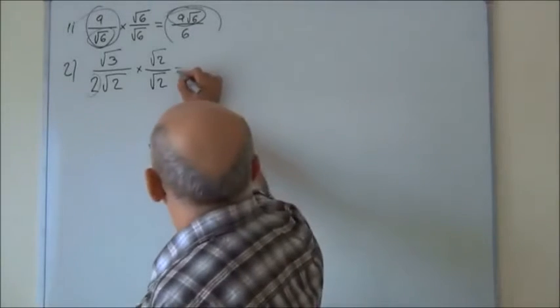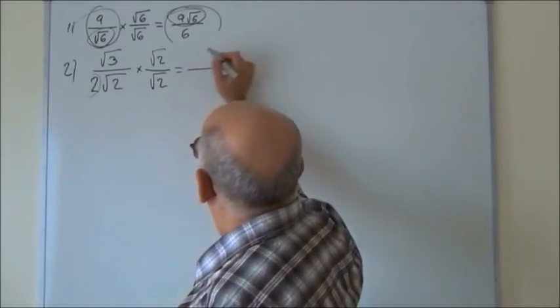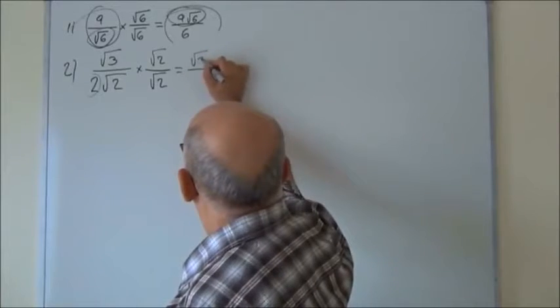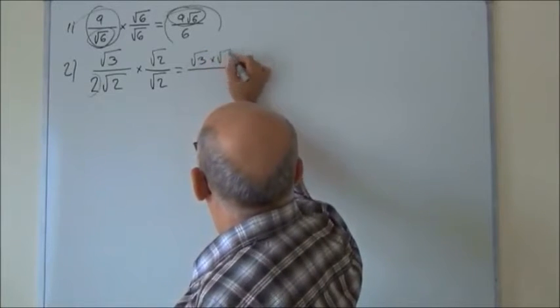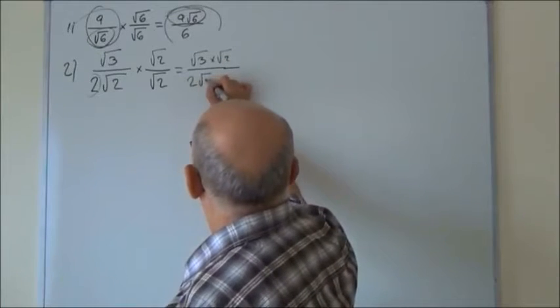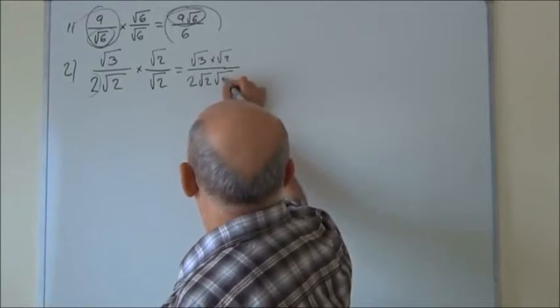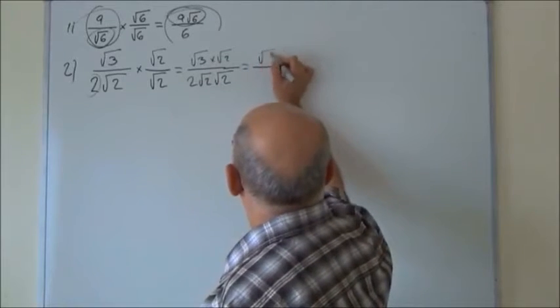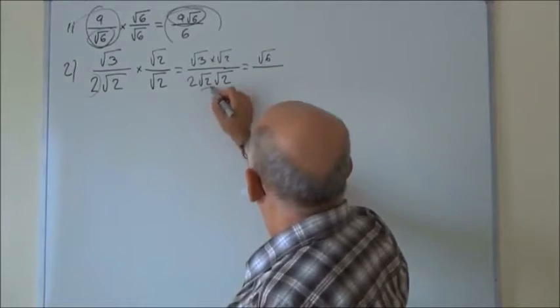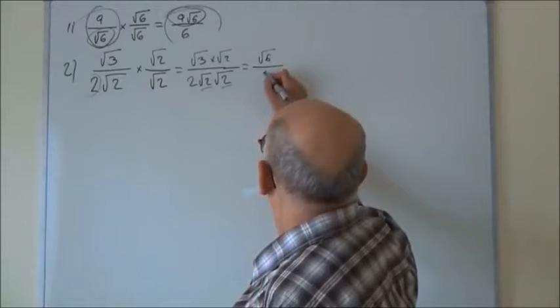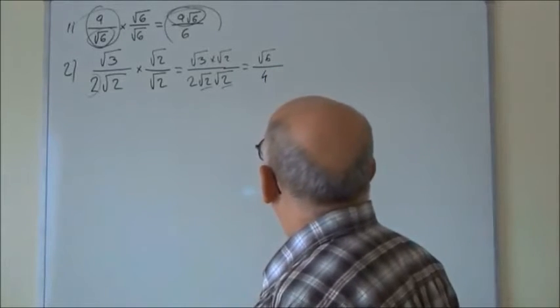And of course, root 3 multiplied by root 2, and here 2 root 2 multiplied by root 2. We know that is root 6, and root 2 multiplied by root 2 is just 2. 2 multiplied by 2 is 4.